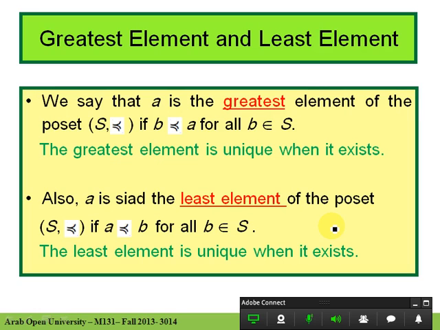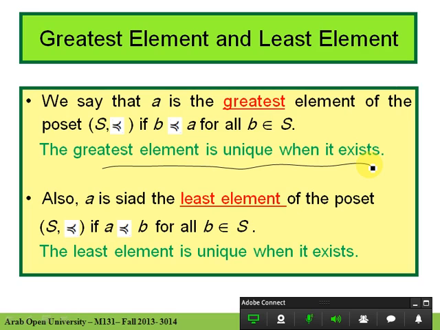Then the greatest element of the set. We say that A is the greatest element of the set, under the partial order relation, if B relates with A for all B belonging to S. So the greatest element is unique when it exists, and that element has a relation with all the elements.